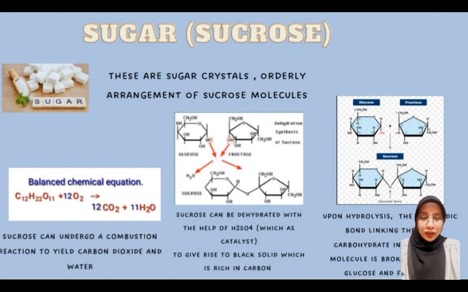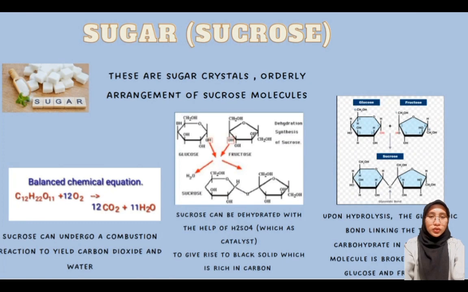Next, these are sugar crystals, an orderly arrangement of sucrose molecules. There are three functions of sucrose. First, sucrose can undergo a combustion reaction to yield carbon dioxide and water.